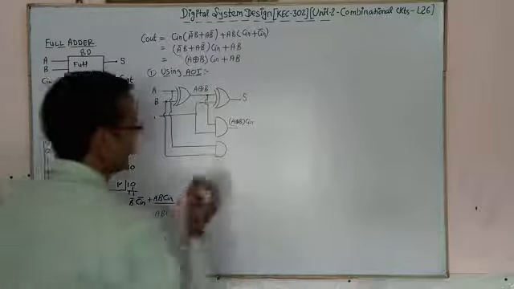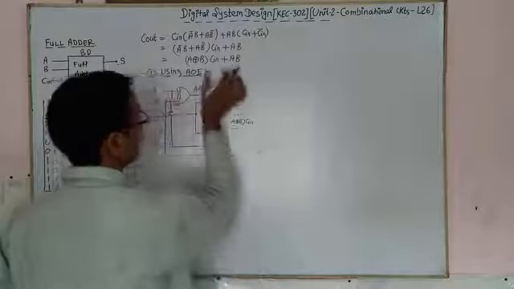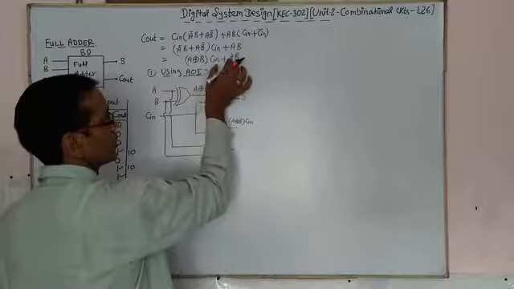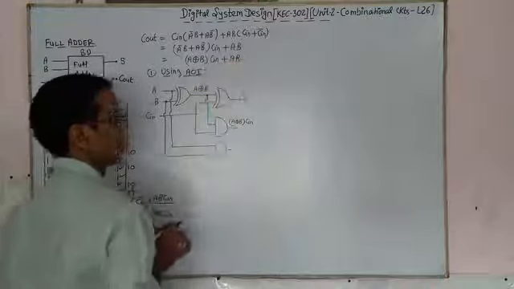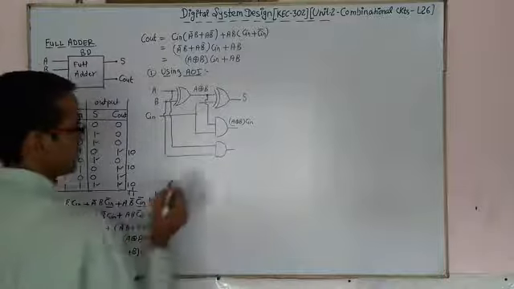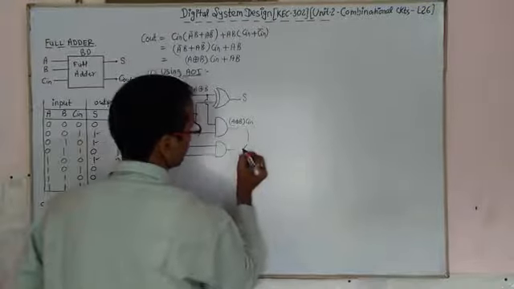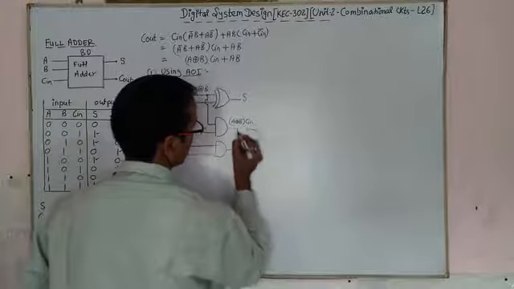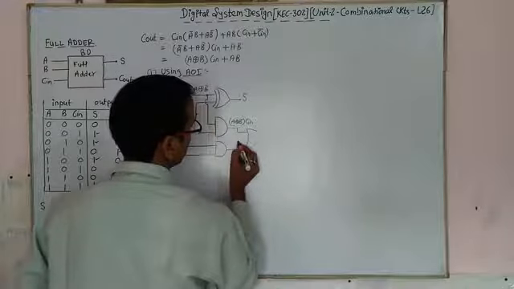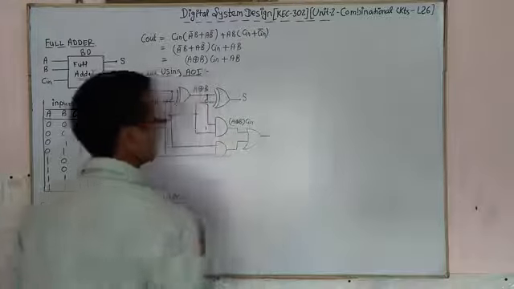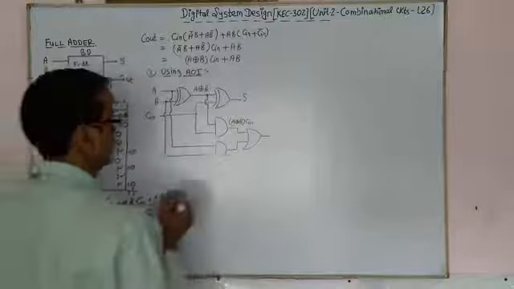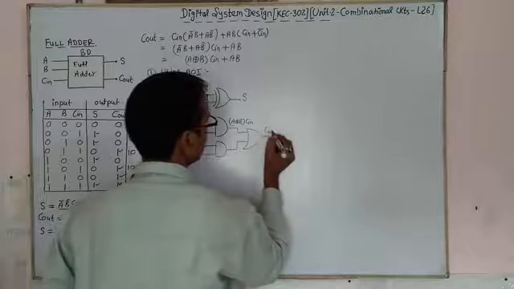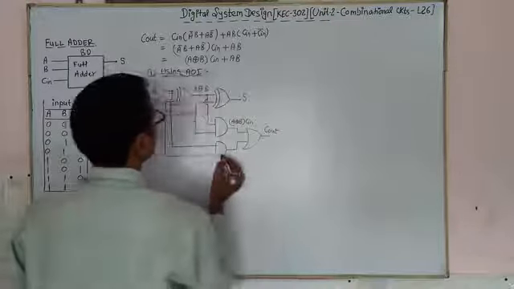And now we have to take the sum of this and this. So we have to apply an OR gate. The output of this OR gate will be C out.